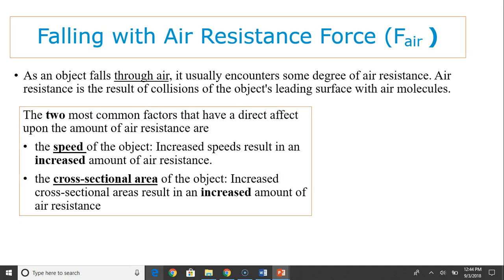The two most common factors that have a direct effect upon the amount of air resistance are the speed and the cross-sectional area.